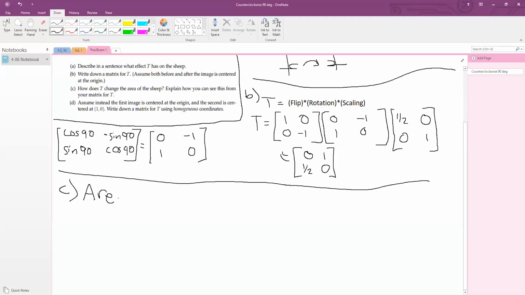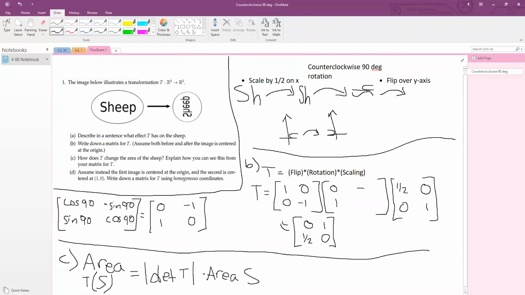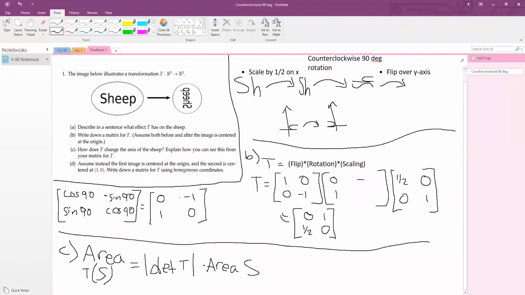We have a formula somewhere in the book that says the area of TS equals the absolute value of the determinant of T, your transformation matrix, times the area of S, whatever your original shape was. So we had some shape originally, and we did all these operations to it. We want to know how it affected the area.